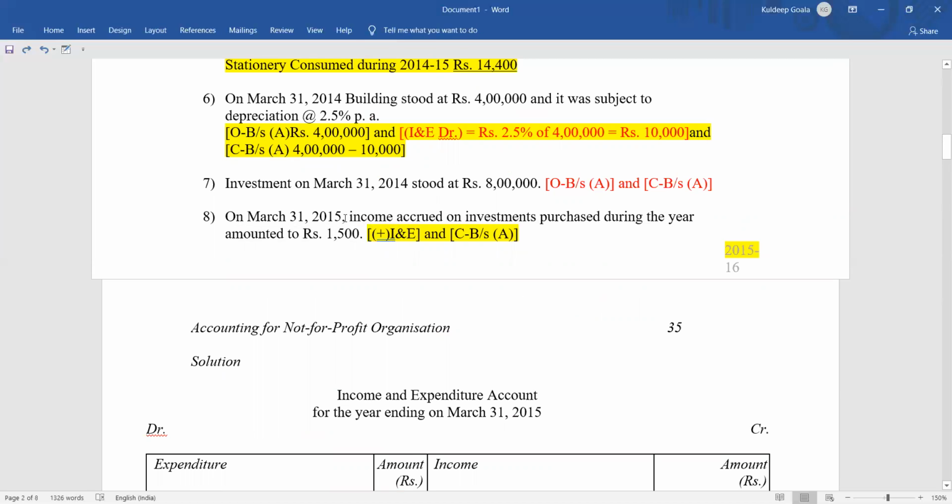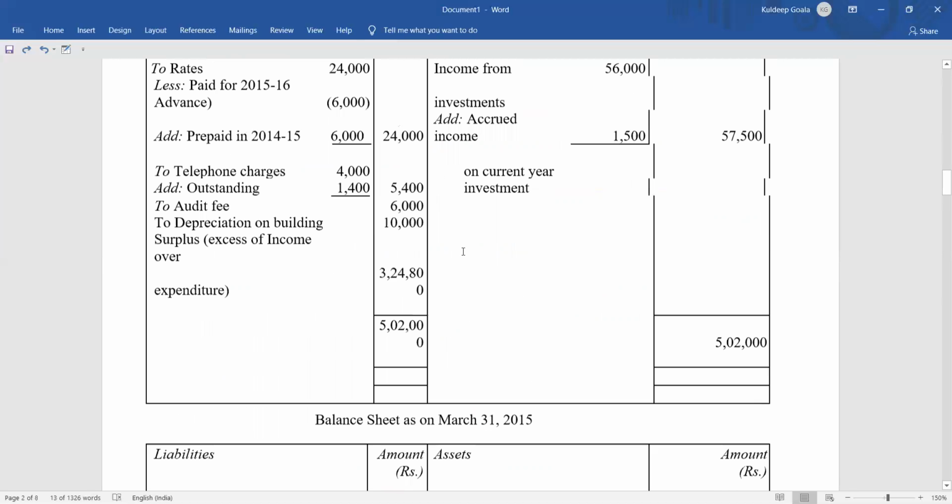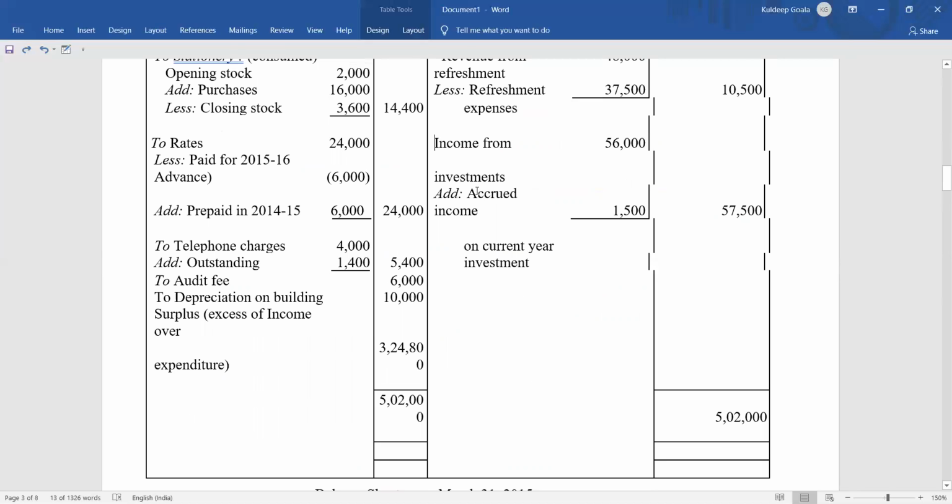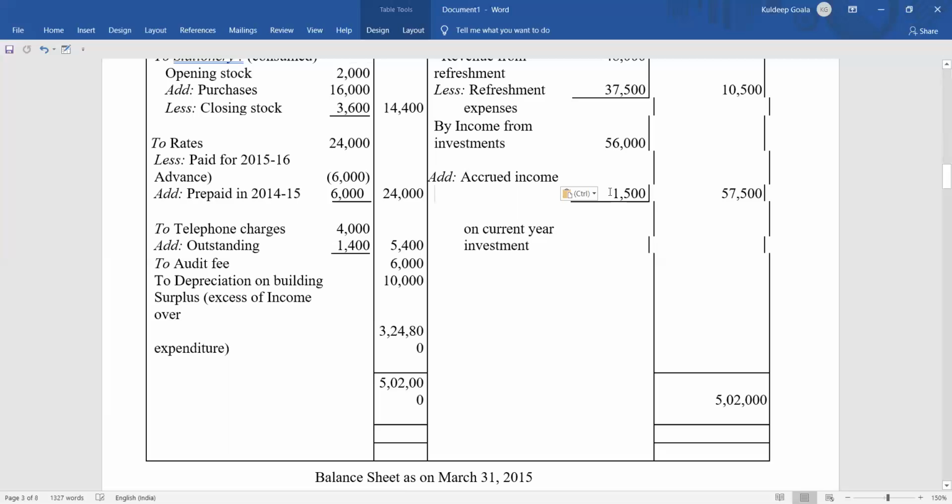So how will it come? Income by income from investment, 56,000. Add accrued income, 1,500. The total comes to 57,500. Clear?